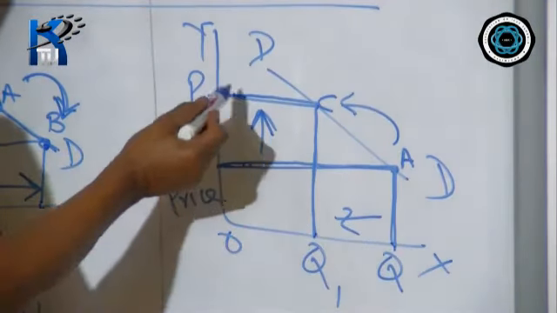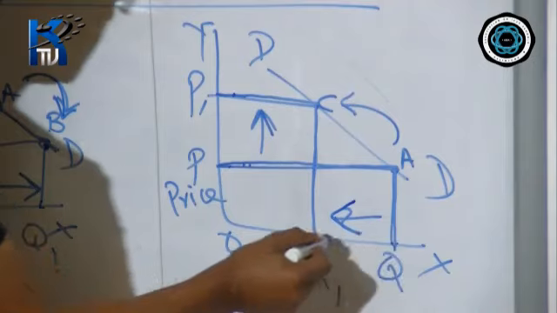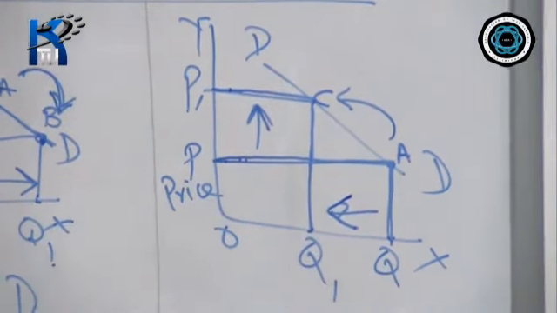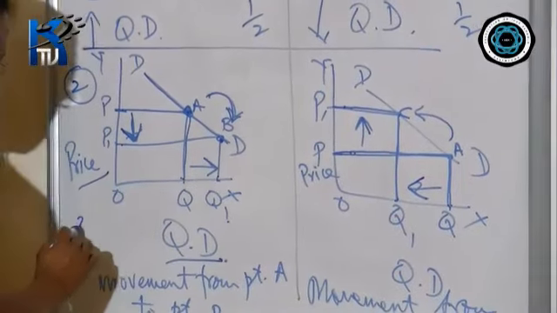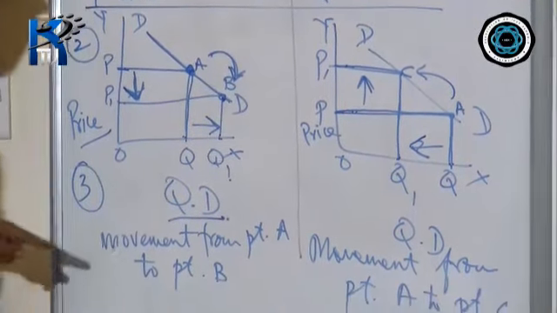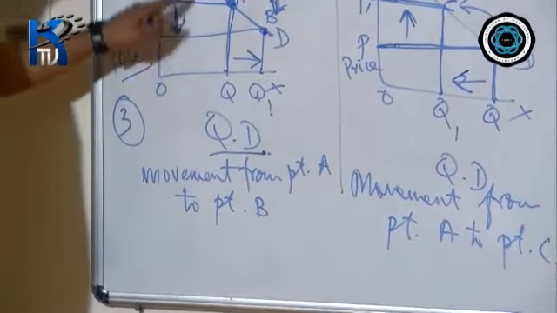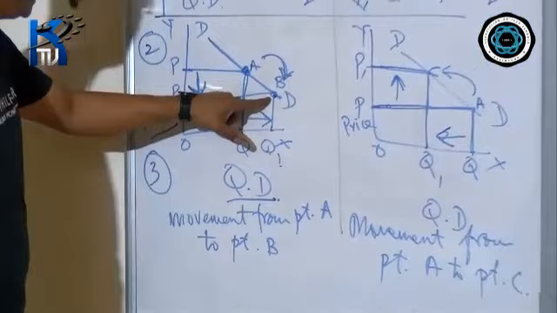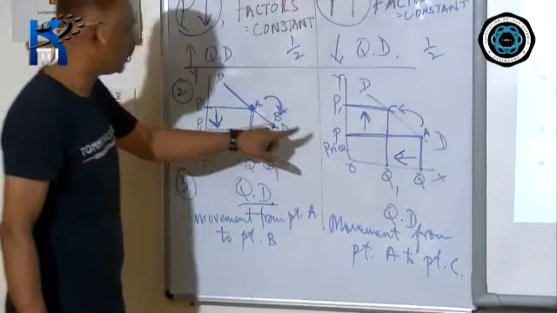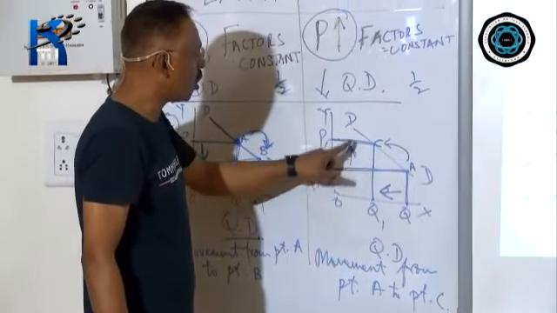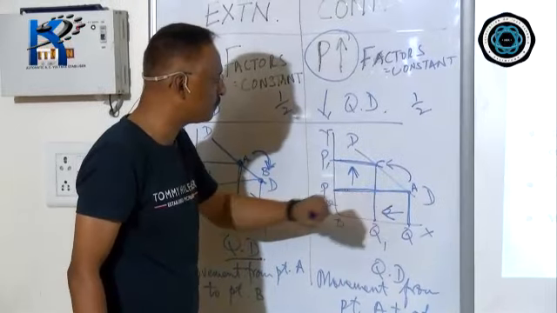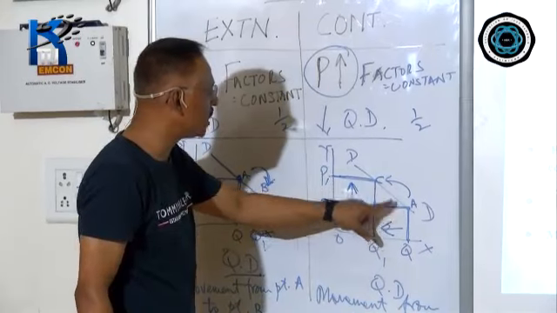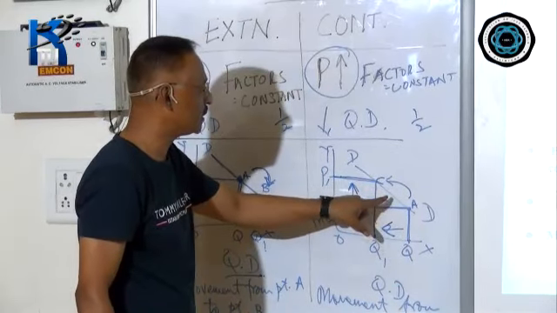So when the price increases, the quantity demanded will decrease. After you write this line, the second one is the diagram. The third one, you will write there is movement along the same demand curve from point A to point B. Here, movement along the same demand curve from point A to point C. So here there is a movement along the same demand curve.